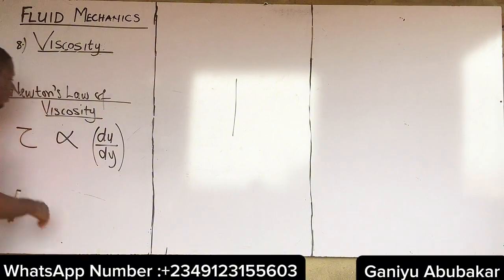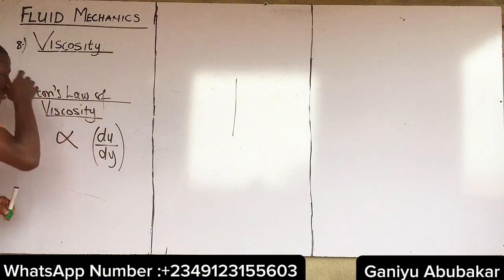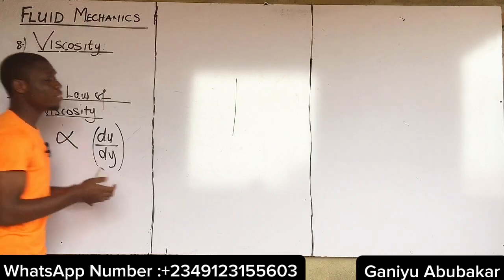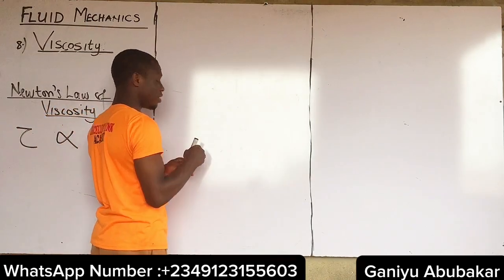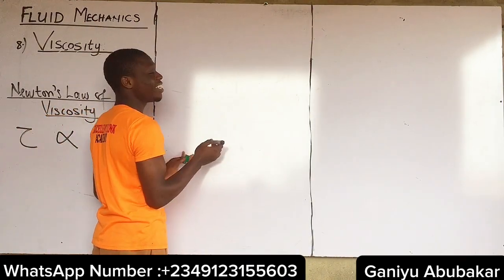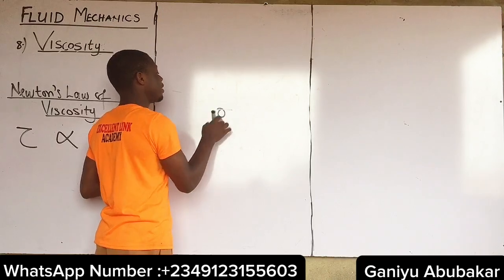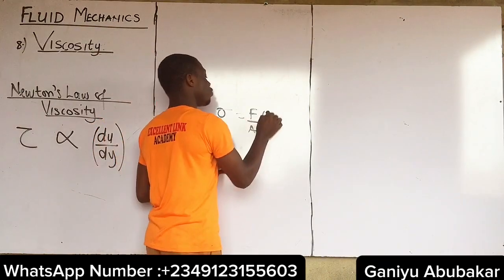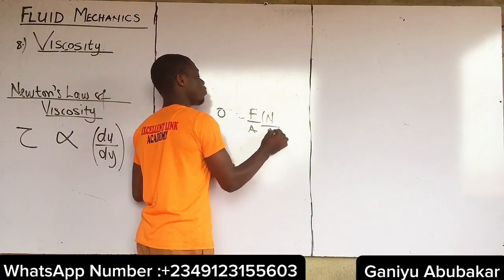At this point, let's get the SI unit for shear stress. We know shear stress comes from the idea of stress. What's stress? Stress is represented with the Greek symbol sigma, which is force over area. What's force? Newton. What's area? Meter squared.